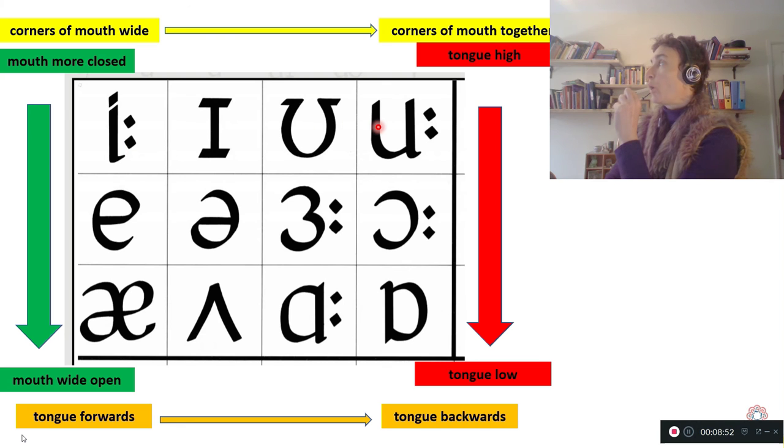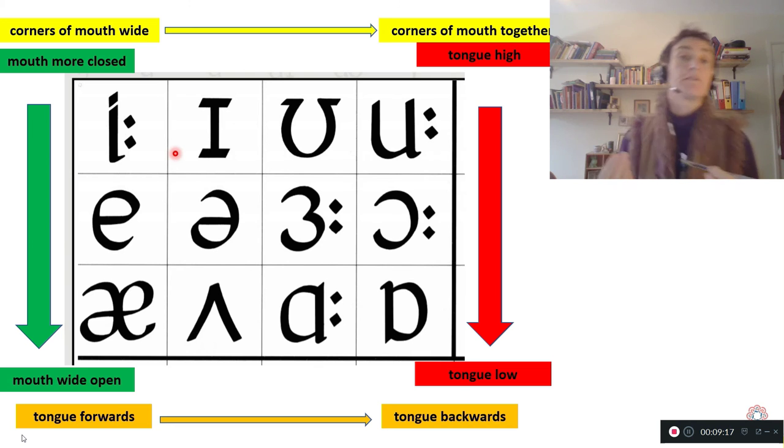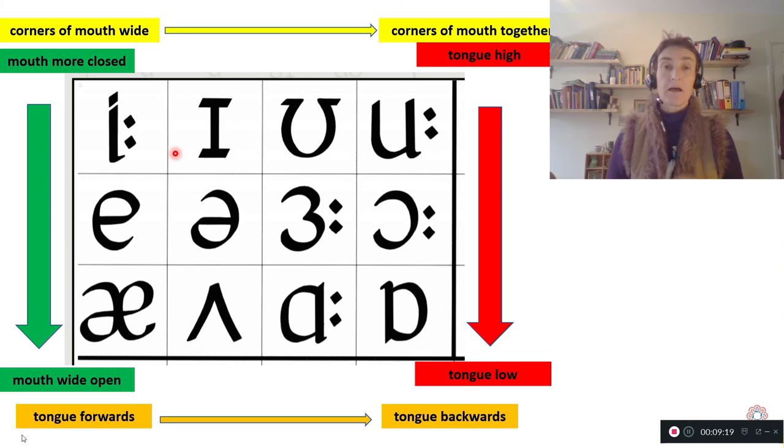E, oo, E, oo, E, oo. Now that finger is staying in the same place, and the tip of this pen is on my tongue. E, oo, E, oo, E, oo. You should see the pen moving as my tongue goes backwards and forwards.